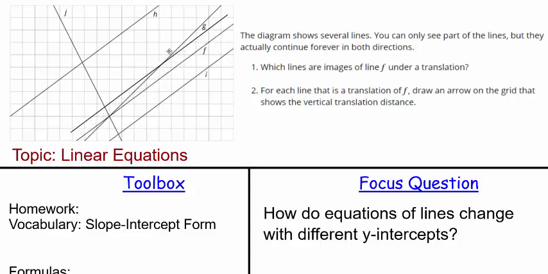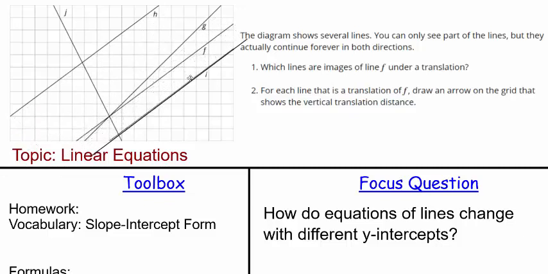Now what I can do is slide this around and see which lines match up. So I'm going to go to line G. I can't get that to match up with line G just by sliding it, so I'm going to go to line H. So it looks like line H matches up. Line J does not.